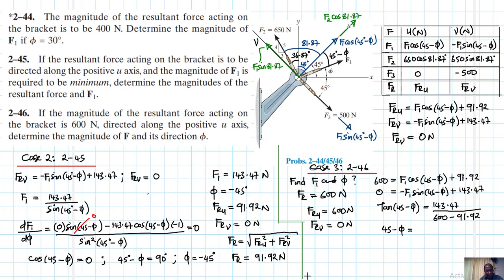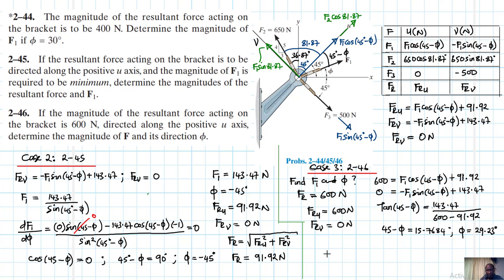Then tan inverse of that, we have 15.7684. Therefore, phi will be equal to 29.23 degrees.